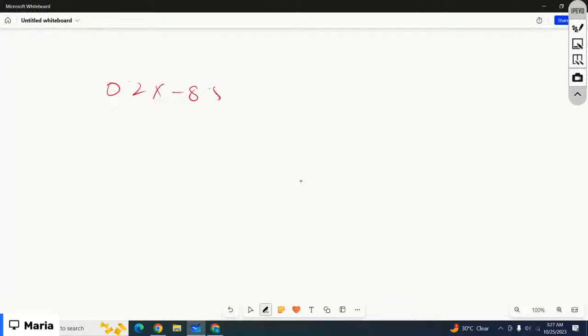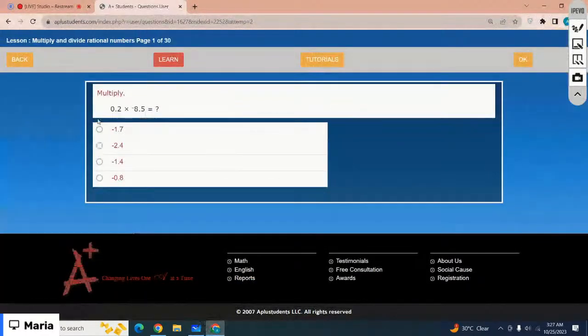So let's just multiply without decimals, right? 2 times 5 is 10, 0, 1 carry, 2 times 8 is 16 and 1, 17. Here you have one decimal place, one decimal place, so you need to put the decimal point after two decimal places. It would be negative 1 point, because you are multiplying a positive and a negative number. So that would be negative 1.70, right? The correct option is option number 1.